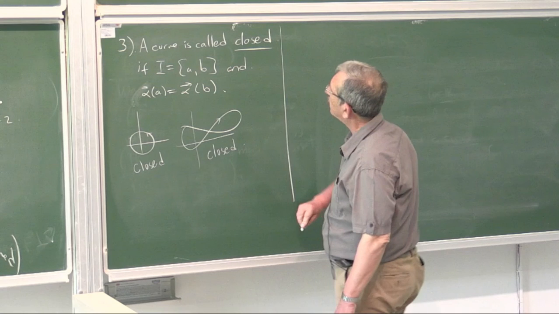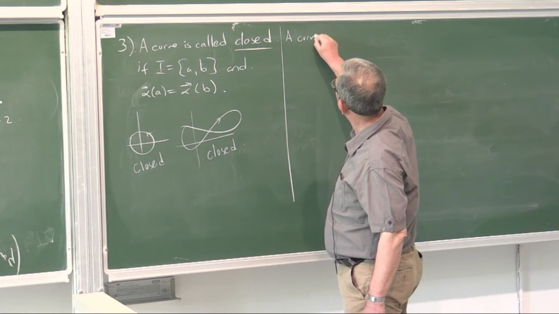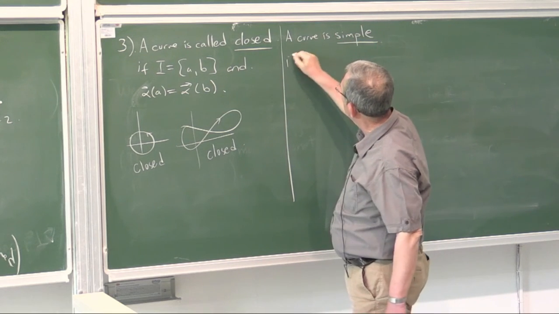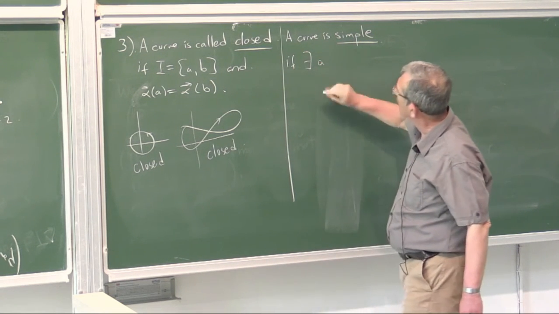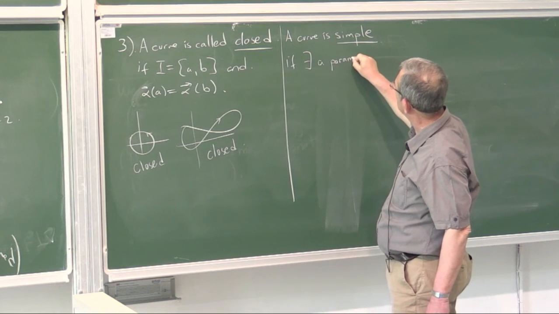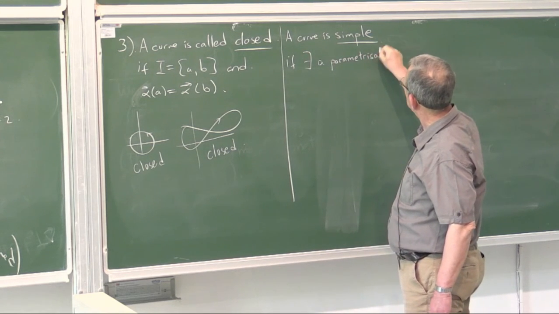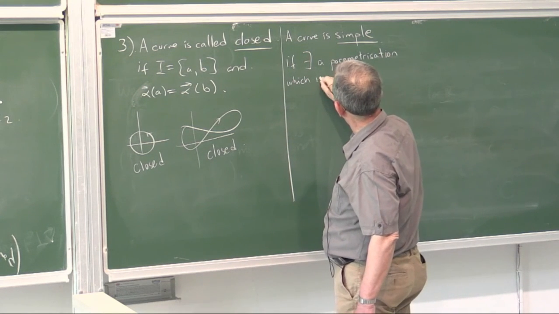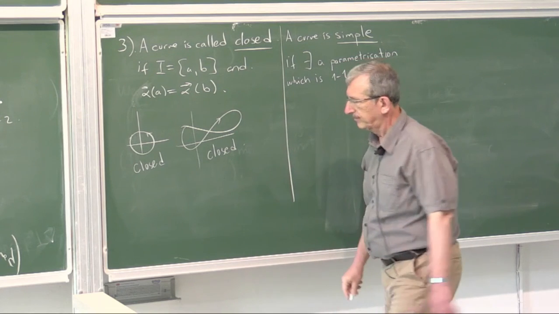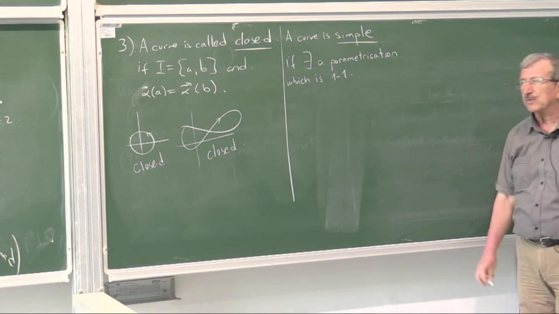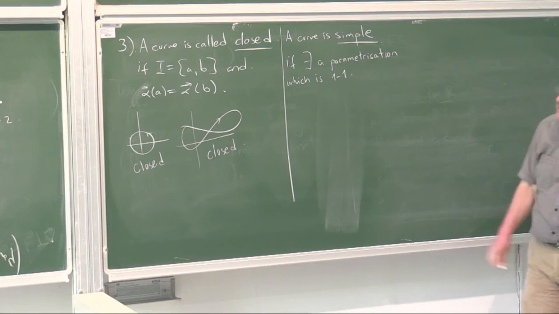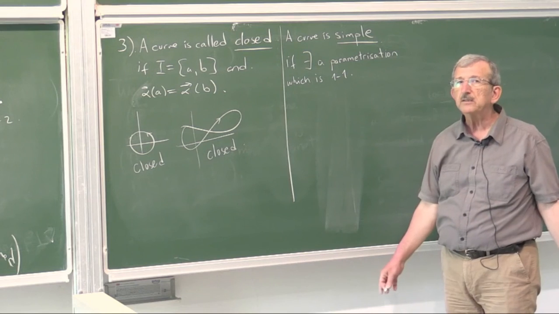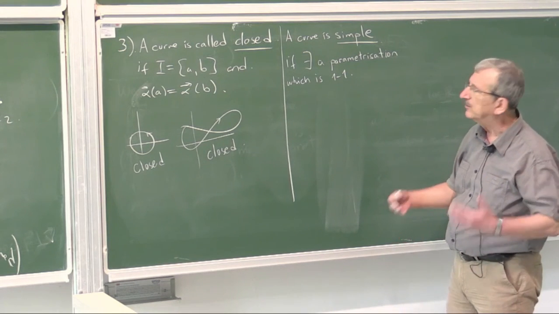Now, a curve is simple if there exists a parametrization which is one-to-one. Now, what does this mean? For different t's, you never have the same point. That means the curve does not intersect itself.